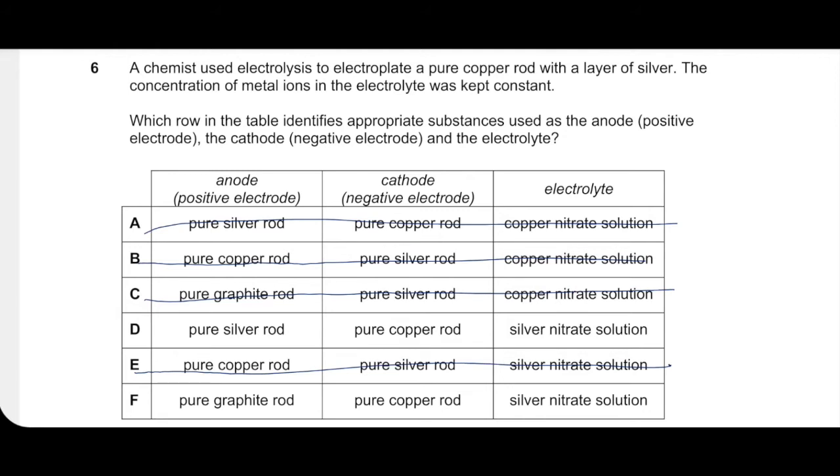Therefore, we need to replenish not only the electrons, but the metal ions for the electrolyte and the cathode. So the anode is D. It's not F. Graphite has nothing to do with this. So our answer is D, and that's question number 6 completed.